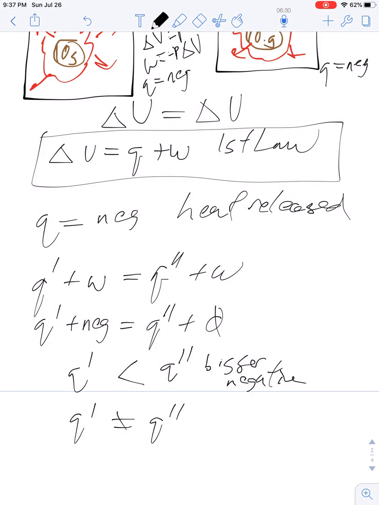And therefore, you can't just say, oh, I'm going to burn 10 grams of propane and this is the amount of heat it's going to give off. It depends on the path you take. So heat is path dependent.